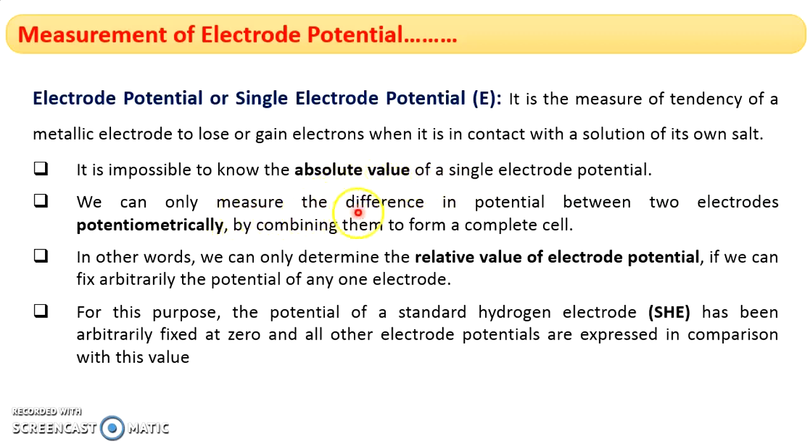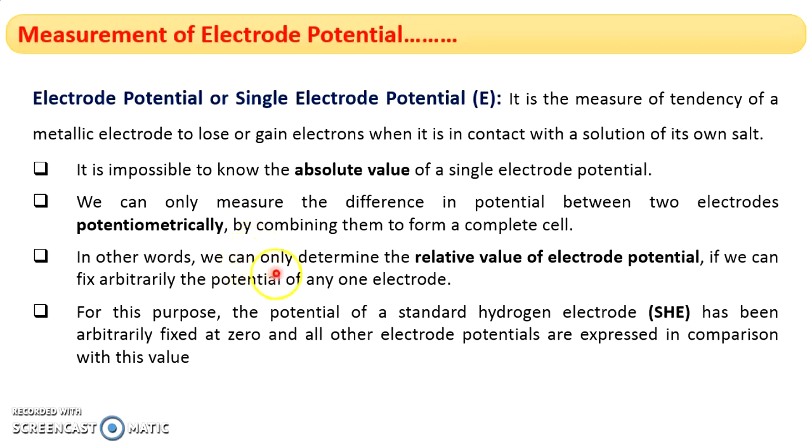We can only measure the potential difference between two electrodes which are connected potentiometrically. So if you want to find the electrode potential of an electrode, that sample electrode must be connected to another electrode, called a reference electrode. By finding the potential difference between the two connected electrodes, we can find the electrode potential of the sample electrode.